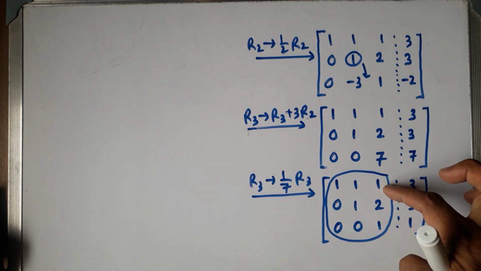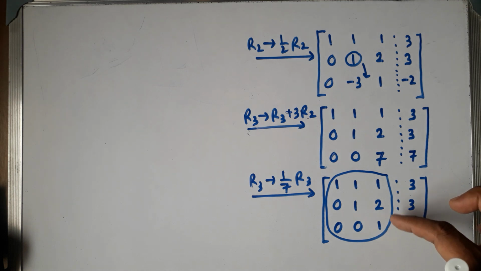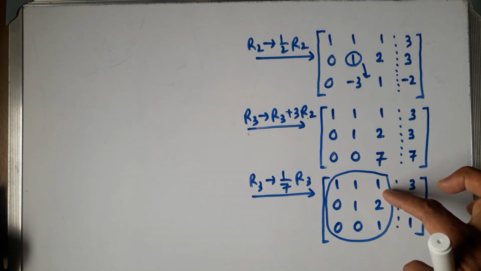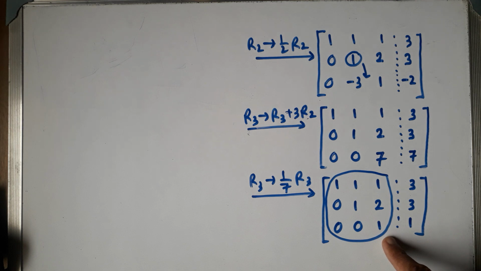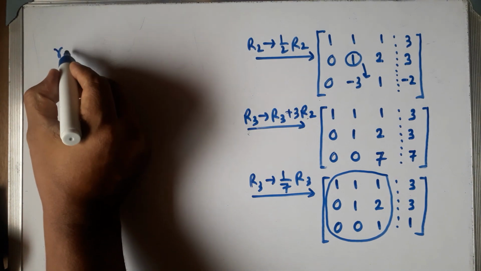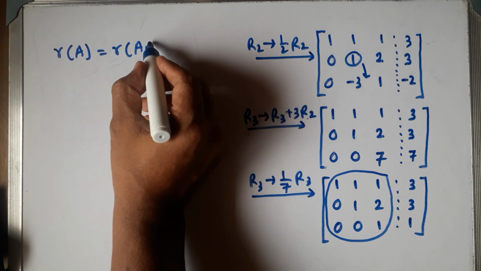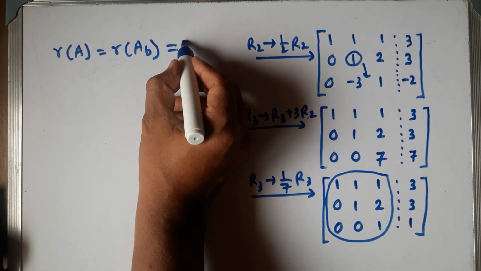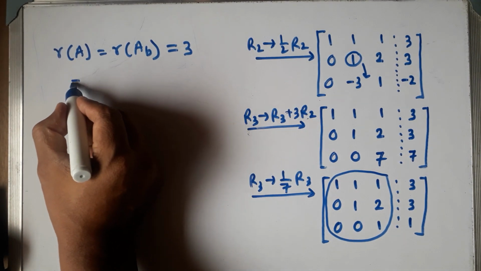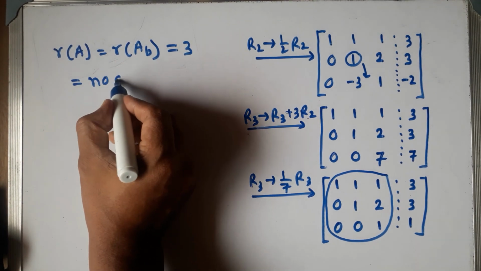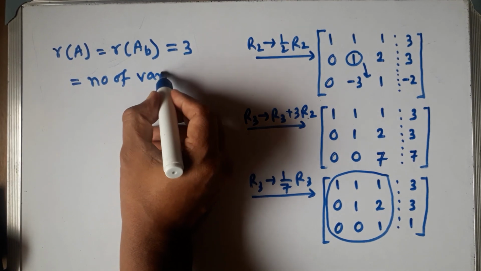There are 3 non-zero rows, so rank of A is equal to 3. And clearly rank of the total matrix is also 3. So I can write here rank of A is equal to rank of AB is equal to 3, which is equal to the number of variables.